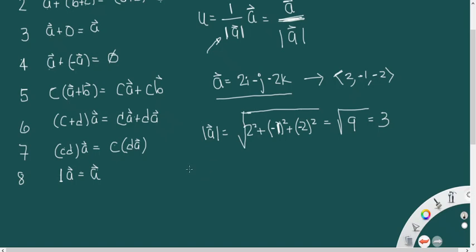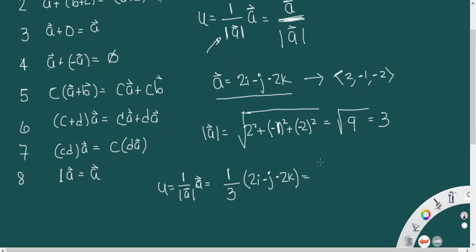So we said that the unit vector equals 1 over the length times the vector. So this is 1/3 times the vector, which is 2i minus j minus 2k.